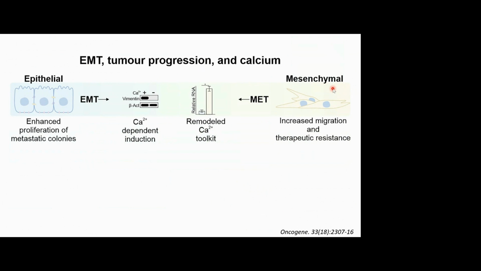So for cells to go from an epithelial morphology to a mesenchymal one, calcium is a key trigger in that event. And she also showed that there was a massive remodeling. Epithelial cells have very different calcium features than migratory mesenchymal ones, even though they come from the same cell. When they're induced into the different phenotypes, they have different calcium signaling pathways.